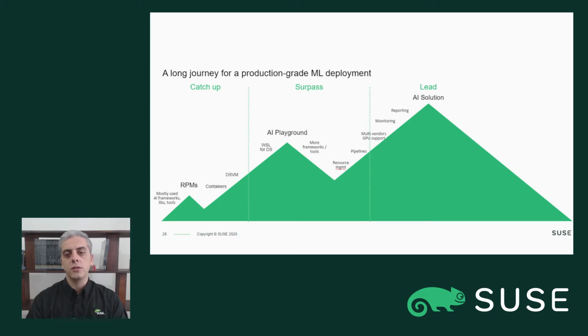Finally, in order for us to reach our last peak, where we have the overall artificial intelligence solution, we'll need to look at very important aspects from a production point of view, as well as from a pure 360-degree enablement. That is the reason why, at the very last, we have things like resource management, multi-GPU vendor support, pipelines management, and monitoring and reporting.